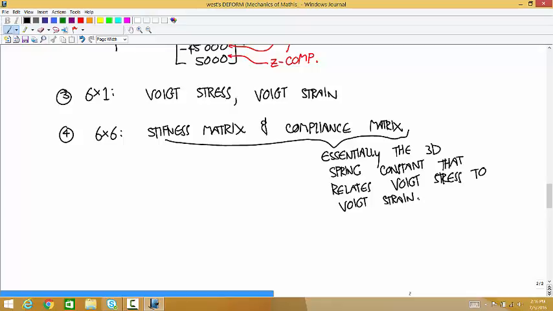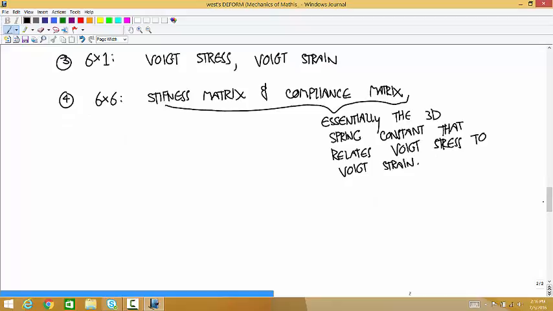Okay, so those are the 4 sizes that we're going to use. You don't want to do matrix calculations by hand. You want to do it with a calculator. So here's how to enter matrices in your calculator.